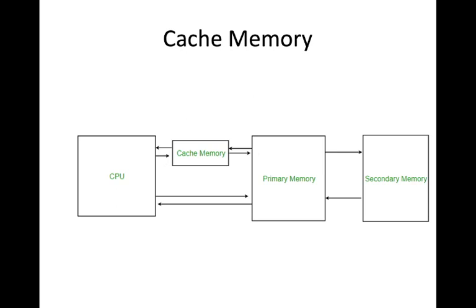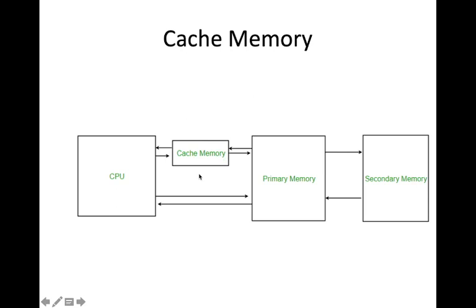So it holds frequently requested data. All the frequently requested data and instructions will be stored in this cache memory. This cache memory is to reduce the average time to access data from main memory. It takes some time to access data from main memory, and in order to reduce that, we use this cache memory. It is smaller and faster memory.